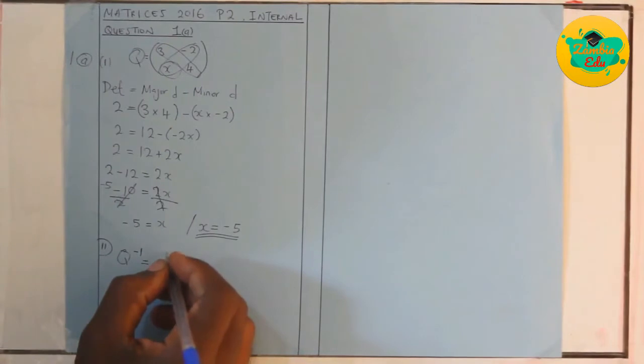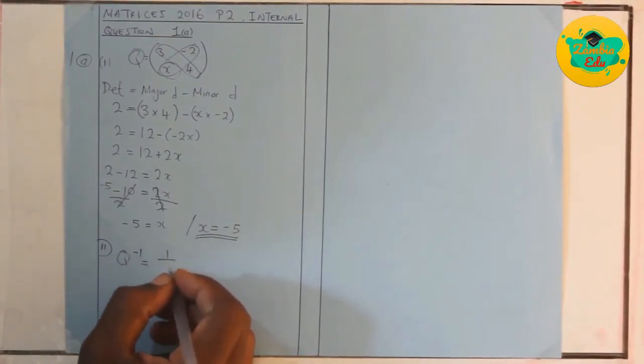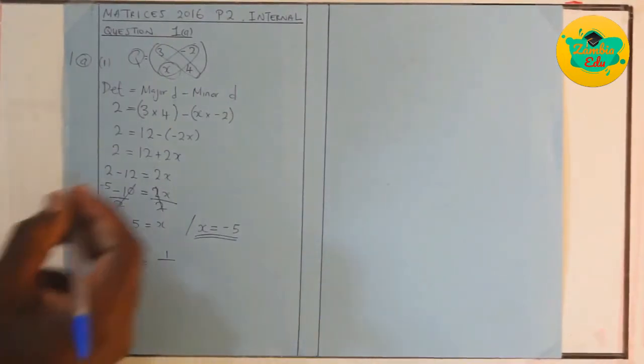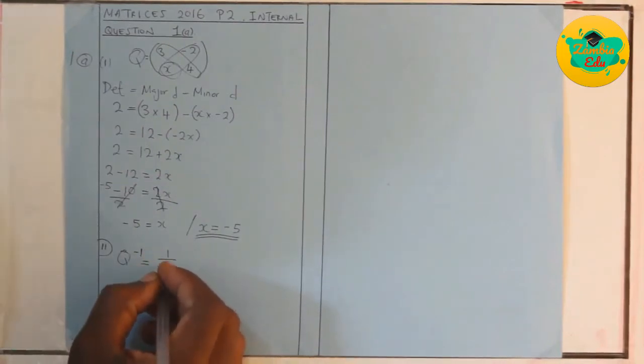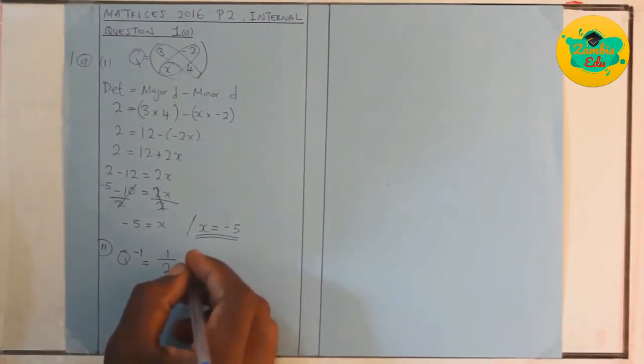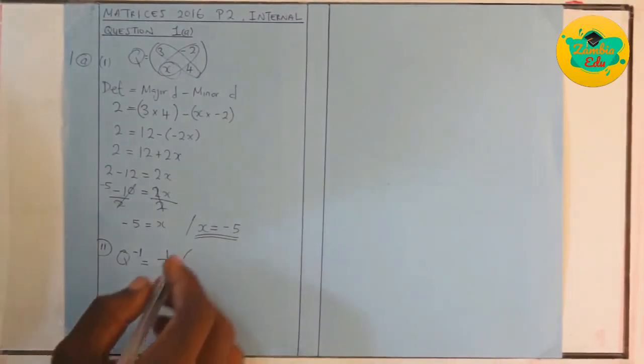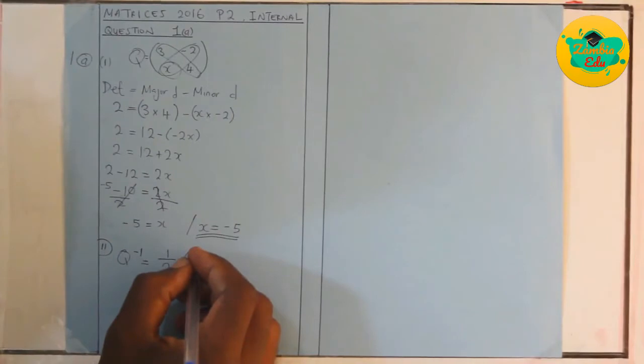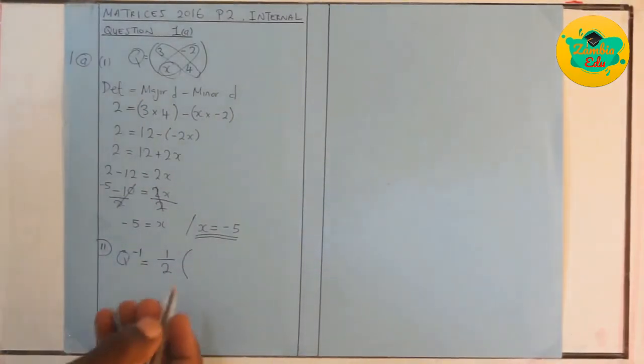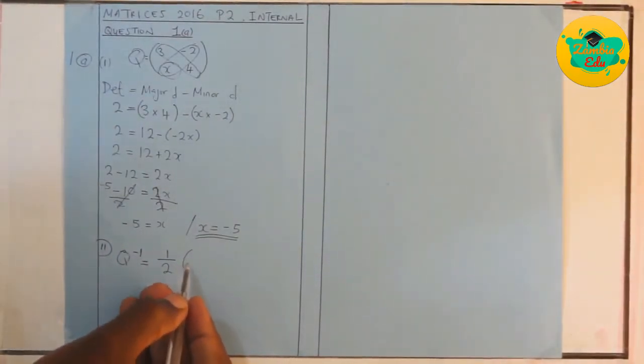being equal to 1 over the determinant, and we've been told that the determinant of this is 2. Open brackets. We have our 3 there. Now what happens when filling in there?